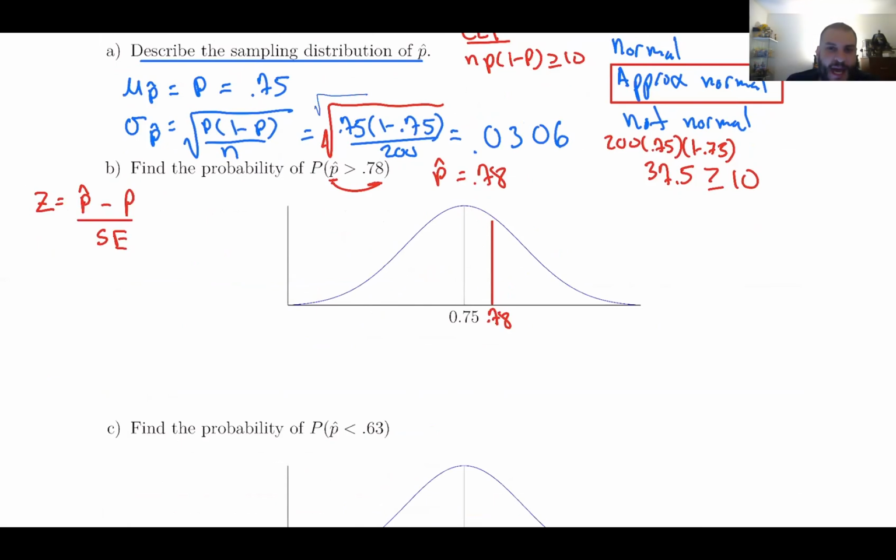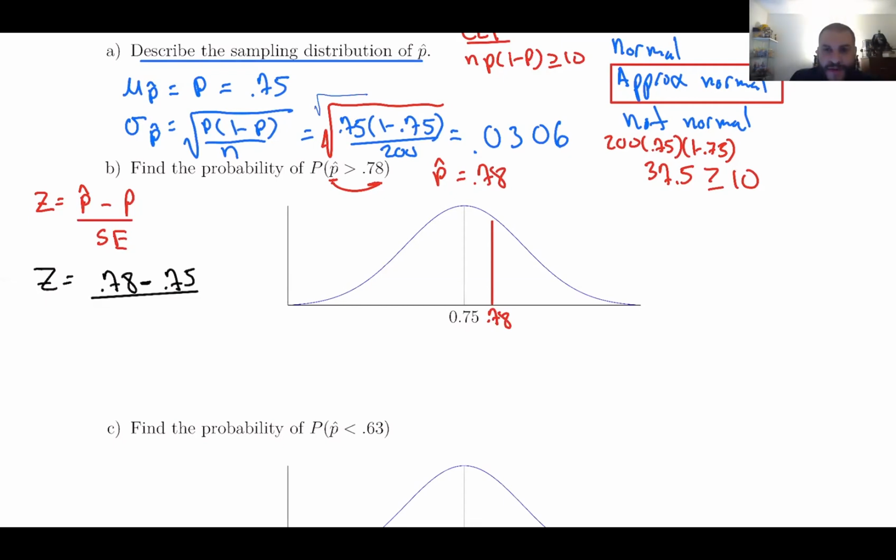So I know p hat is equal to 0.78. I know p is equal to 0.75. And I know standard error is equal to 0.0306. So I'm going to go ahead and find the z value. z is equal to p hat, which is 0.78, minus my p, which is 0.75, and you divide that by standard error.